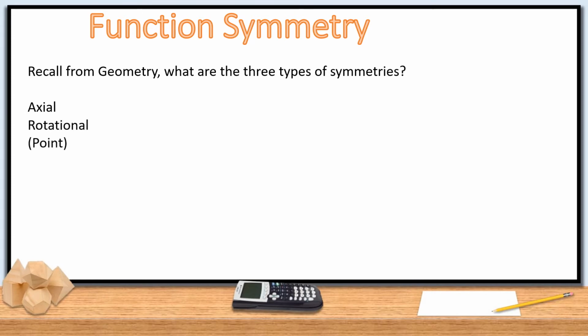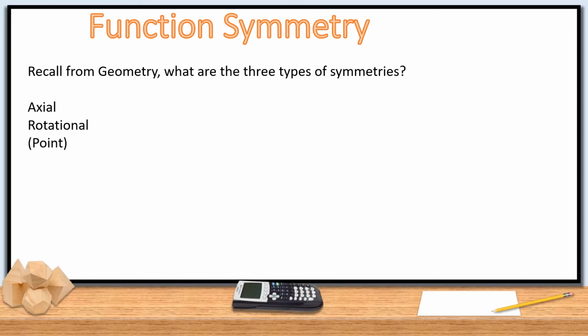And one that we didn't really call out by name as much is point symmetry. That is if you reflect an object through a point instead of over a line, it would end up symmetrical with its image. And it's the same as rotating the shape 180 degrees through a center point in the center of the shape. So it does have a rotational symmetry as well.